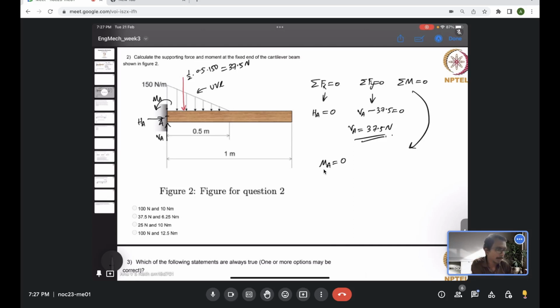We can evaluate moment about any point, so let us consider point A. At point A there is a horizontal force and a vertical force, but the horizontal force HA is 0, so it will not cause any moment. VA is 37.5 Newton, but it passes through point A, so its moment is 0. But there is a reaction moment MA, which is acting in the counterclockwise direction.